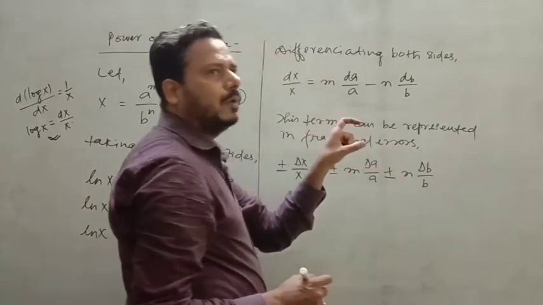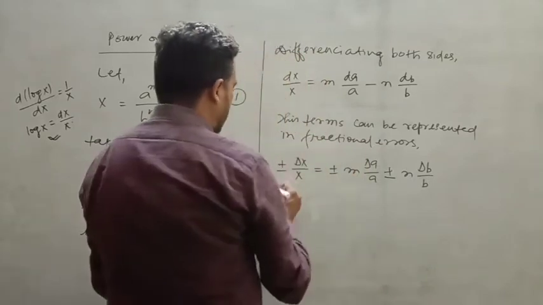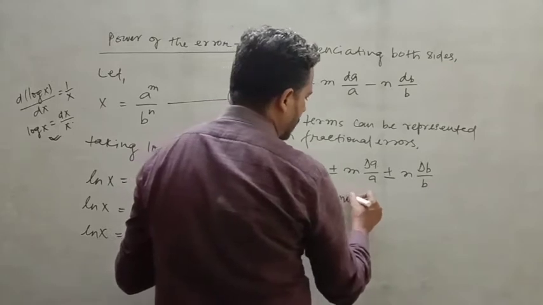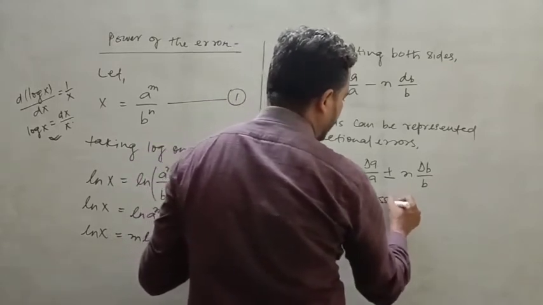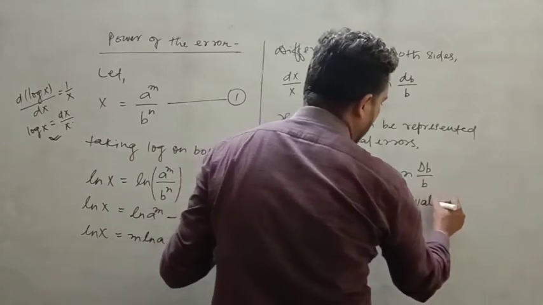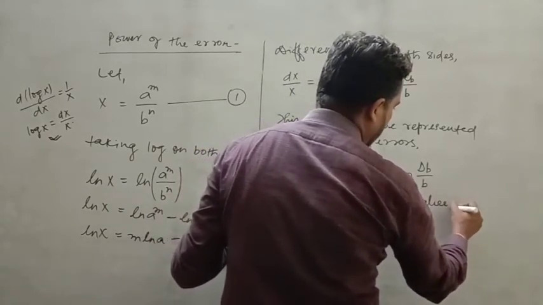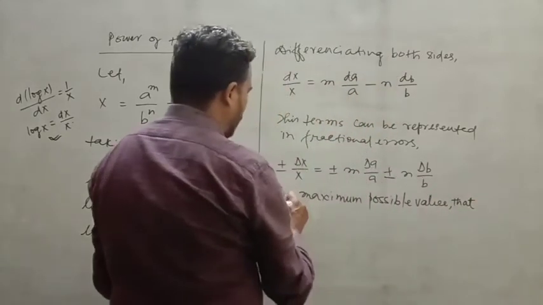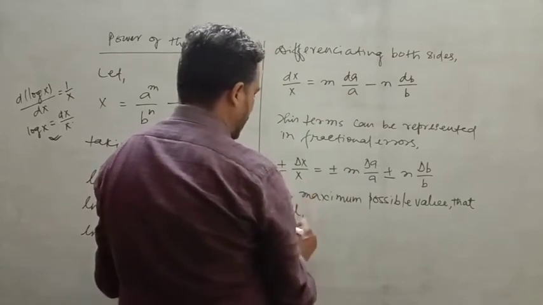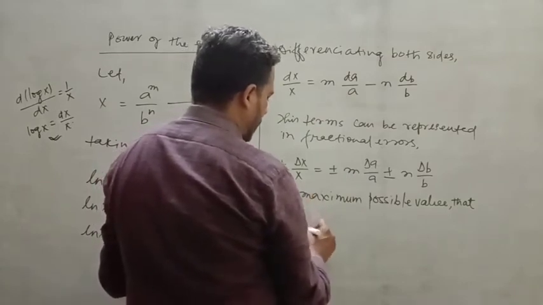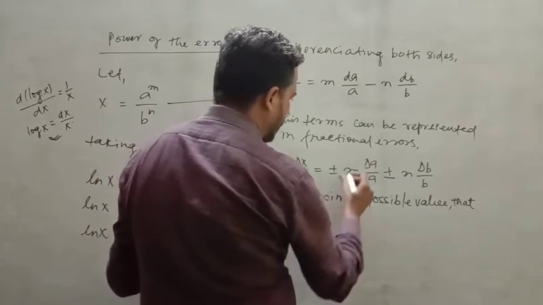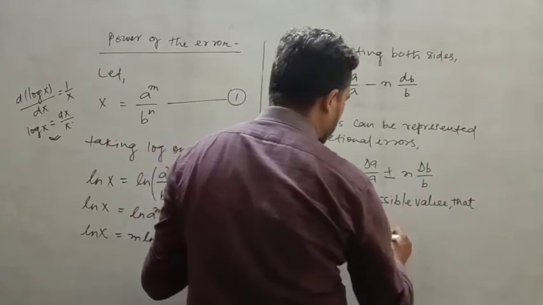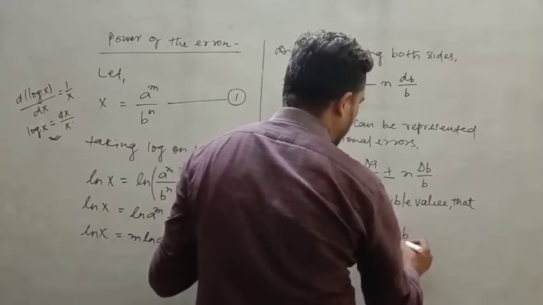We want the maximum possible value, and that will be plus minus delta x by x is equal to m delta a by a plus n times delta b by b.